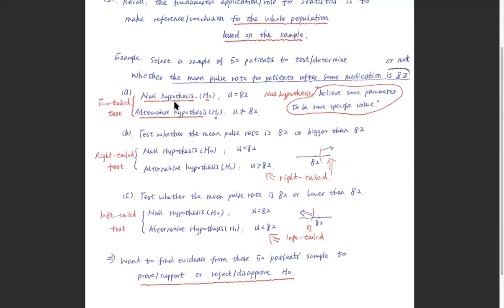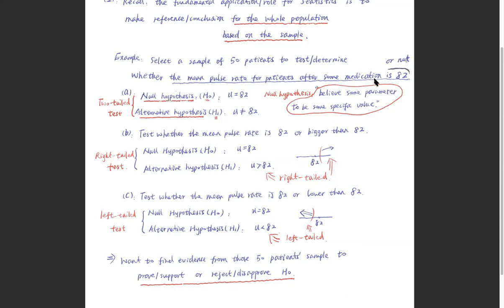So in terms of null hypothesis, alternative hypothesis, you can understand that as 2 statements. So we are using examples here to understand that. Say we have a sample of 50 patients. We want to use the results from those 50 patients to determine the average pass rate for the patients, right?